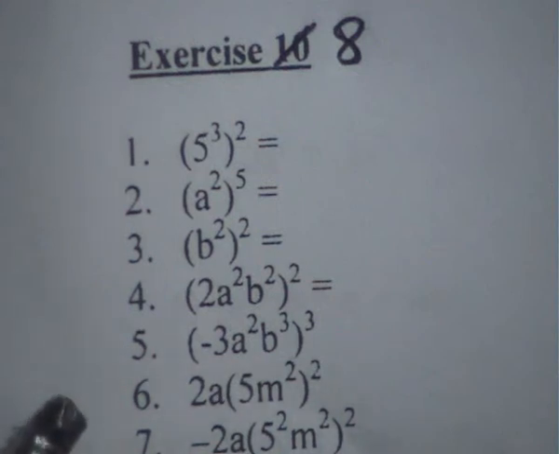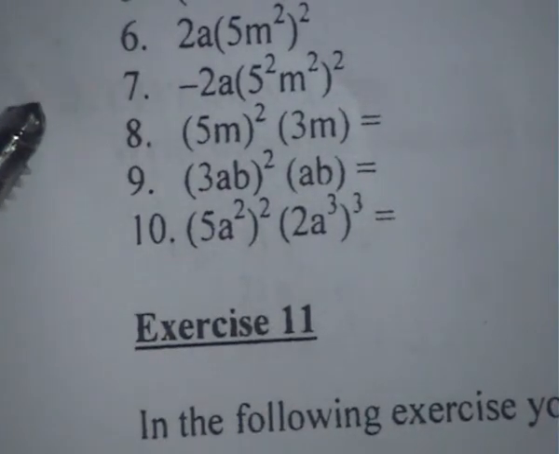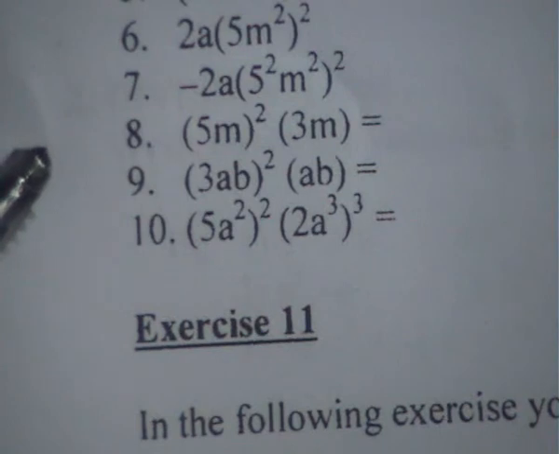Number 6, 2a, open bracket, 5m squared, close bracket, to the power 2. Number 7, minus 2a, open bracket, 5 squared, m squared, close bracket, to the index 2. Number 8, open bracket, 5m, close bracket, to the index 2, open bracket, 3m, close bracket.